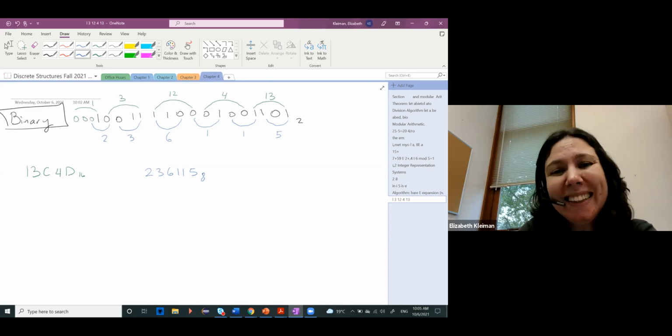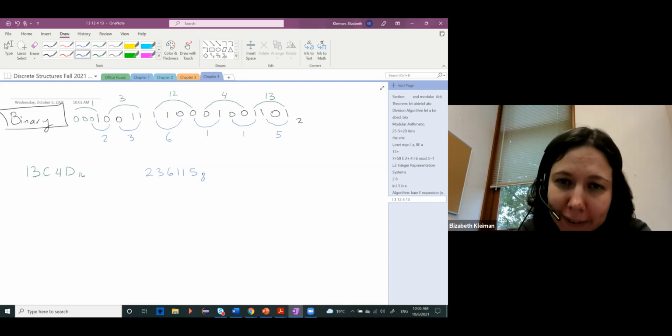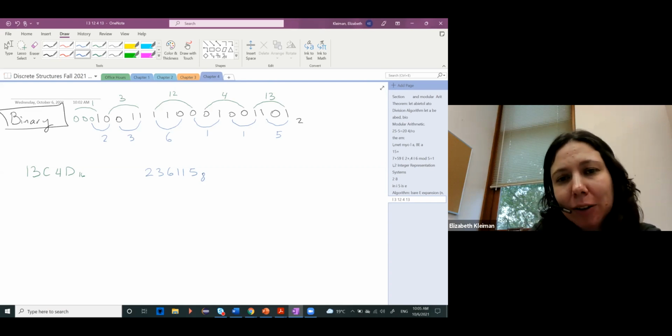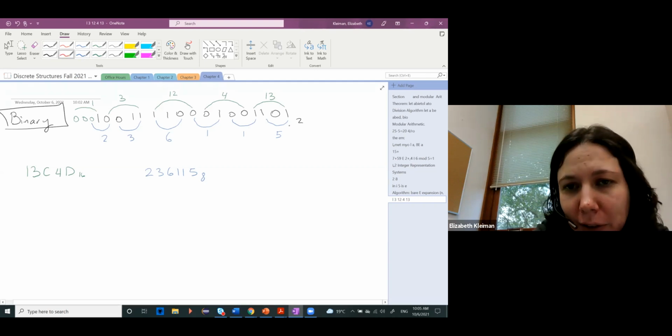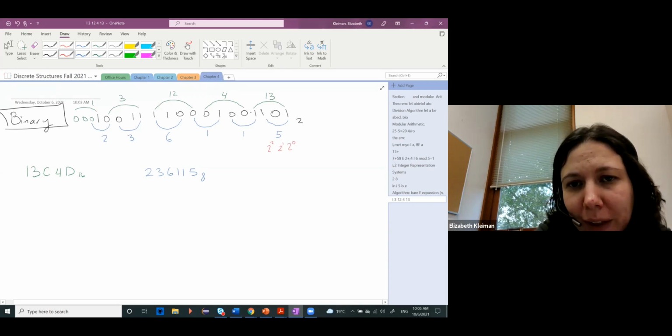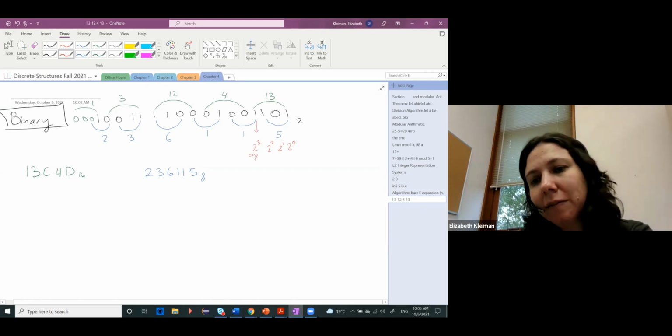Now, why does this trick work? Well, if you think about it, let me write it down for you. It's 2 to the power 0, 2 to the power 1, 2 to the power 2. This place in here is 2 to the power 3, which is 8, correct?